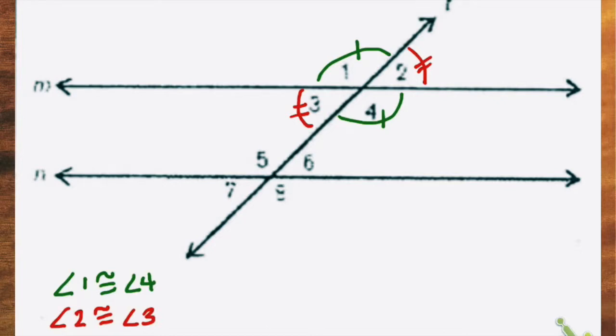So another vertical pair, hopefully you can start to spot them here. Angle 5 is vertical to angle 8. So I'd write angle 5 is congruent to angle 8, and they are congruent because they're a vertical angle pair.